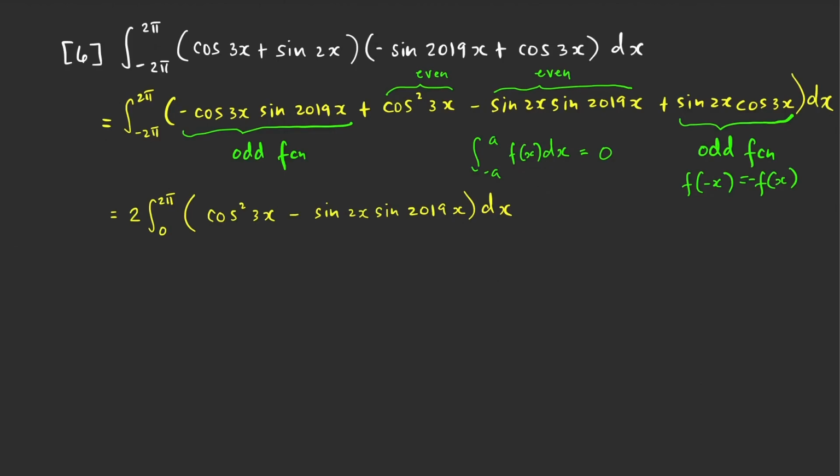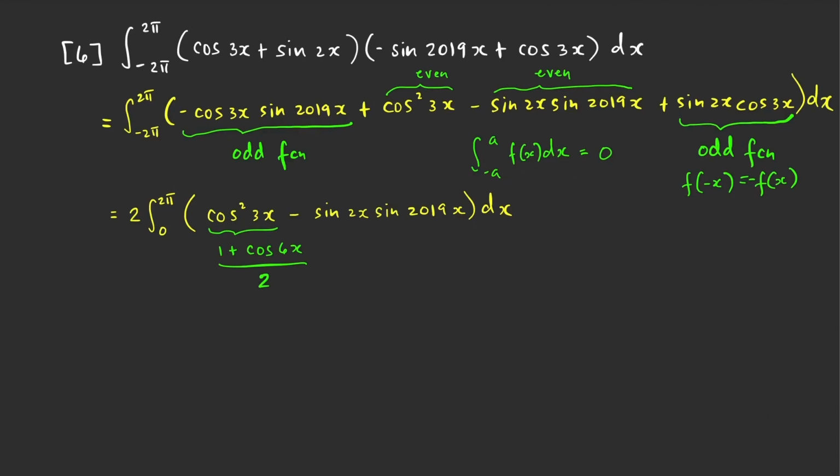So for example, for this first expression here, we have to use the half angle identity, and we can write this down as 1 plus cosine of 6x all over 2. So that is our identity for cosine squared 3x.